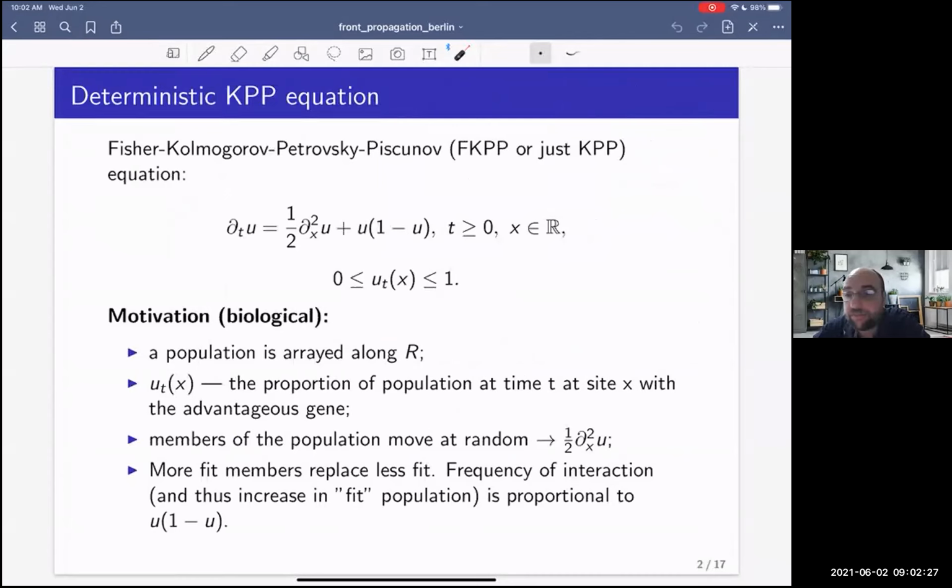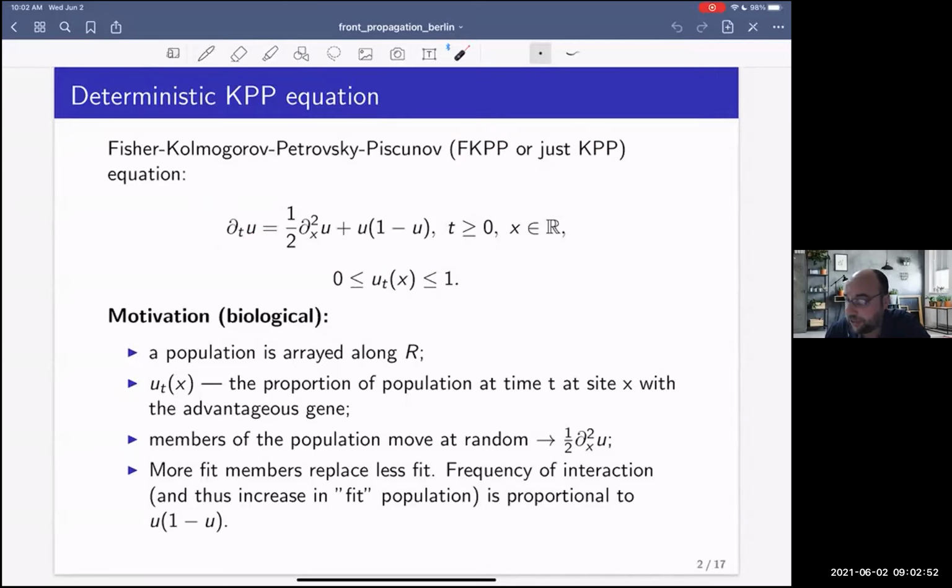deterministic reaction diffusion equation, and it's the famous Fisher, Kolmogorov, Petrovsky, Piskunov equation, or we'll denote it FKPP or just KPP equation, which is the nonlinear parabolic equation. So this is a function u depending on time and space.